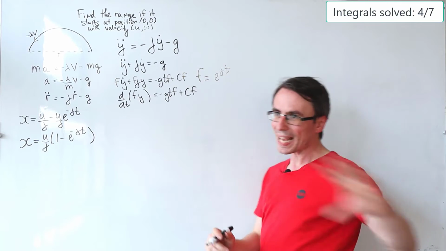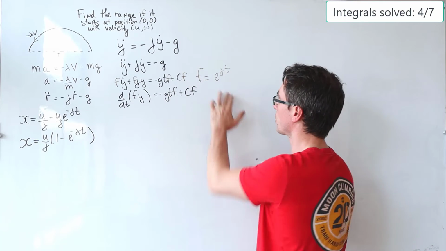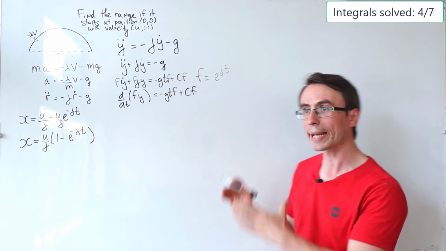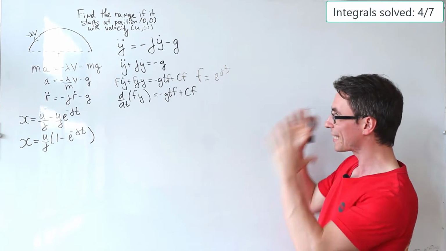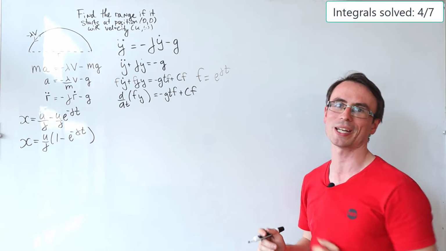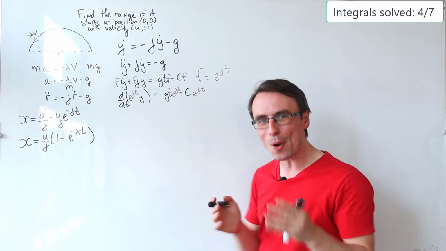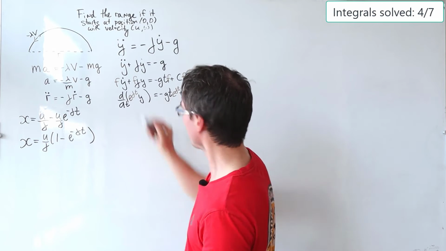To find f, I follow exactly the same steps as in the previous part of the equation. We're going to get exactly the same answer, that it's e to the gamma t. So I can directly put this into this part of the equation. See, magic. And now let's integrate yet again both sides of this equation.